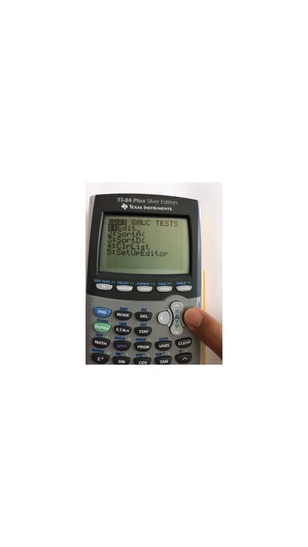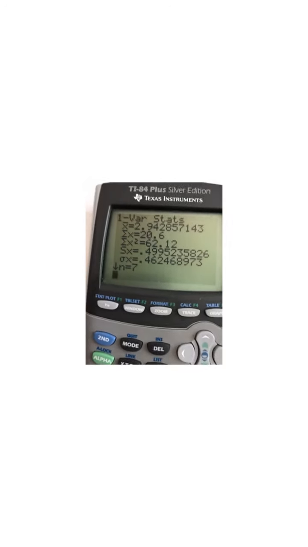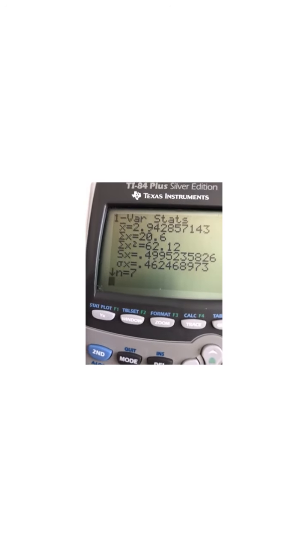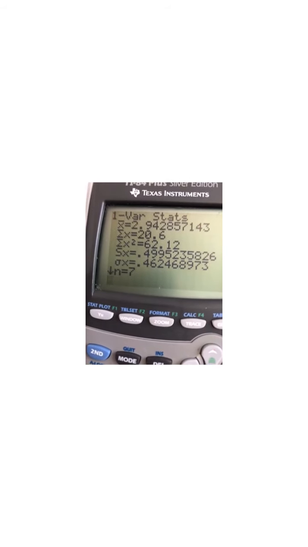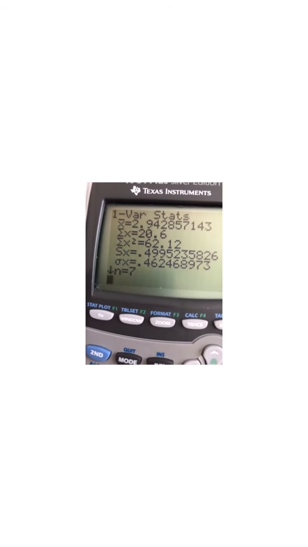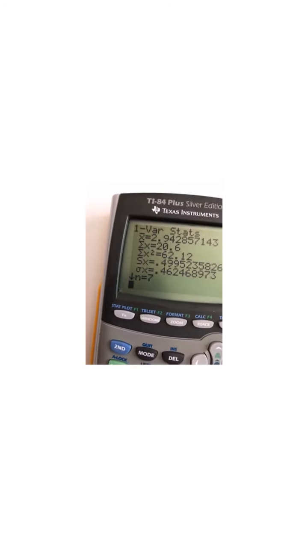Then press Stat, calc, 1-Var Stats. If I don't enter anything, it will use L1. So since I have L1, if you want, you can enter that. I can see that the sample mean is 2.94 and the standard deviation is 0.4995. So I'm going to use those values.